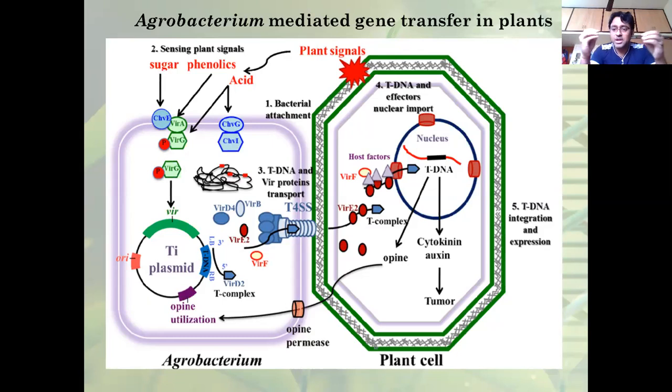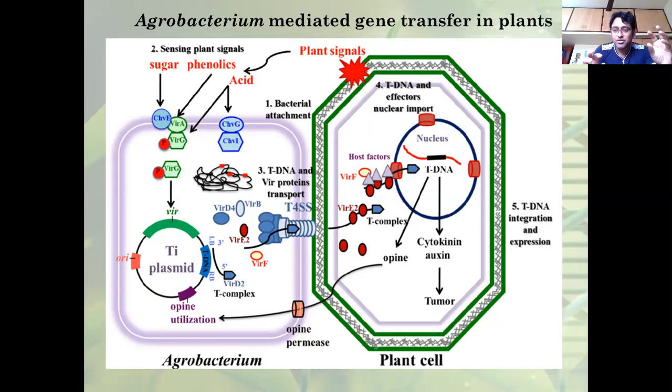Now, once this association has been formed, then what happens? The downstream signaling cascade within the agrobacterium is now open. After recognition by VirA, downstream VirG gets phosphorylated, and this is a master regulator.